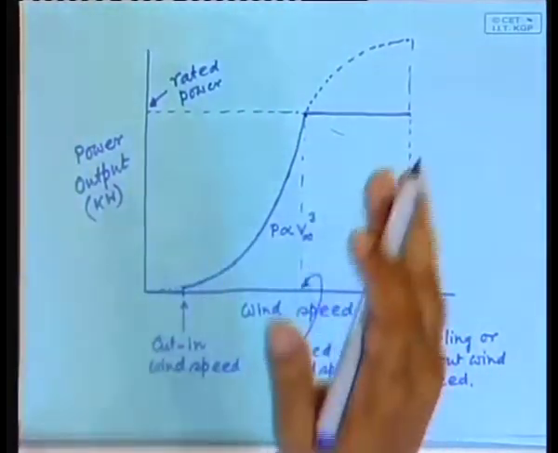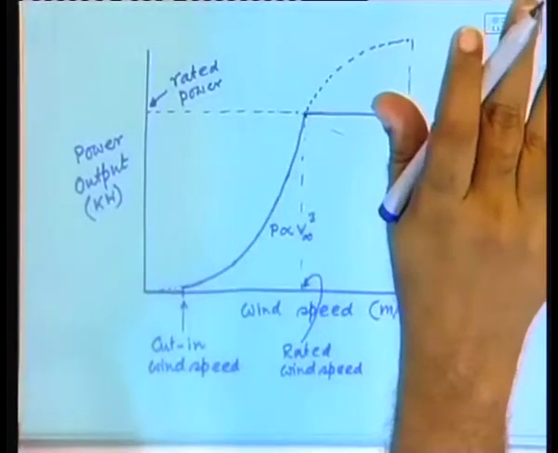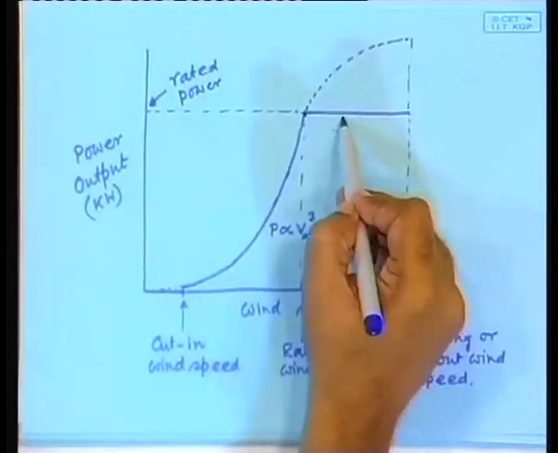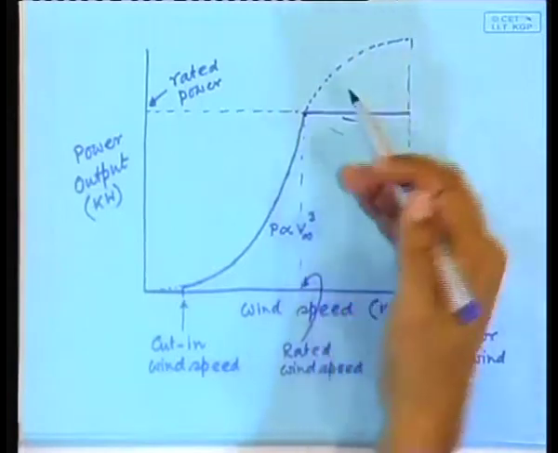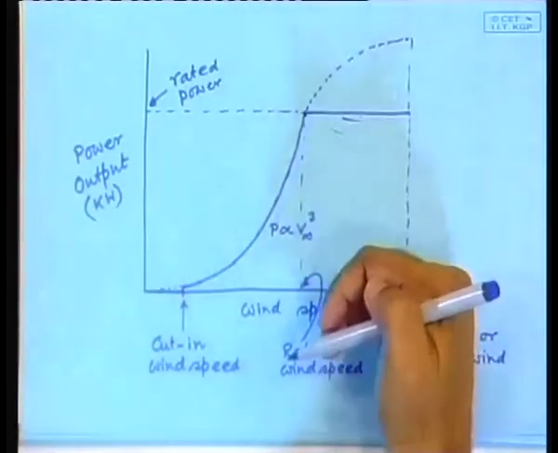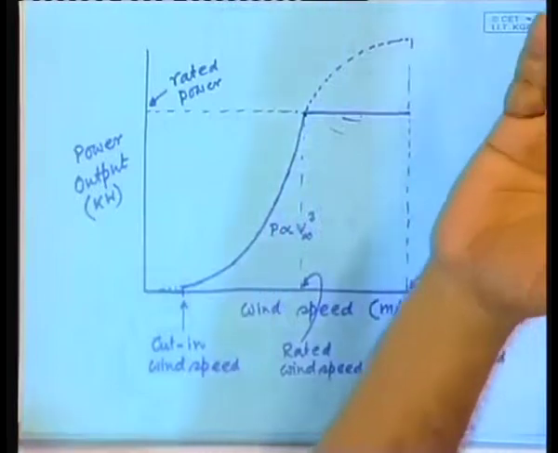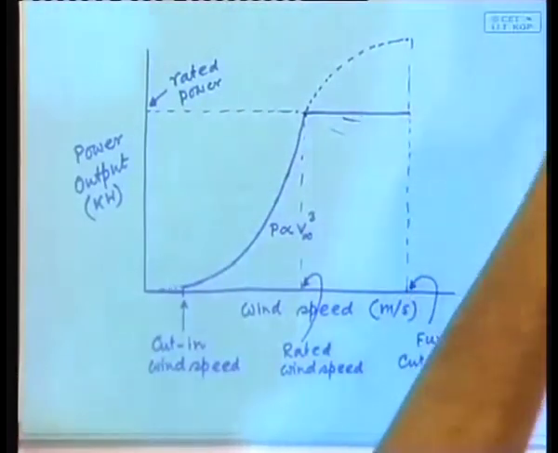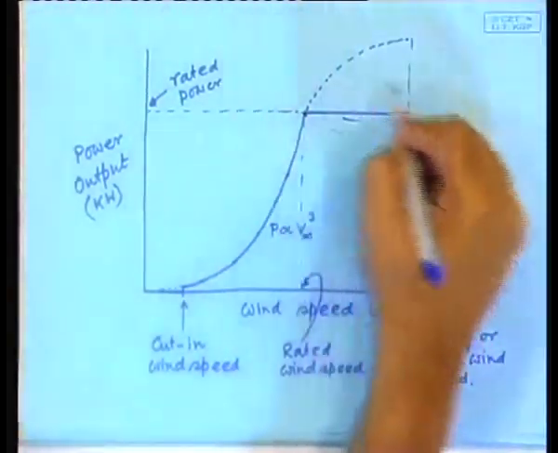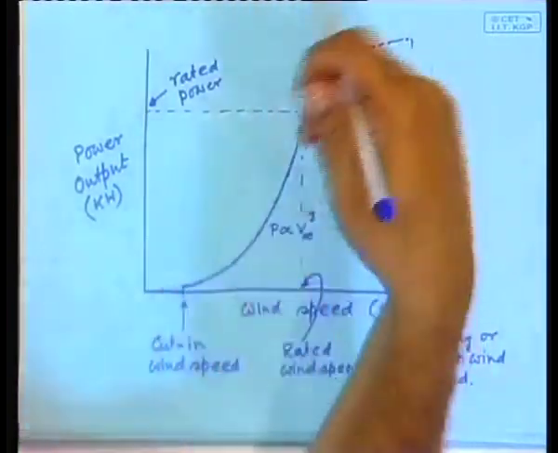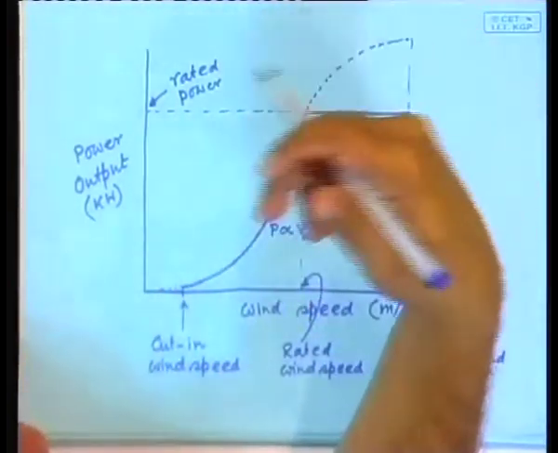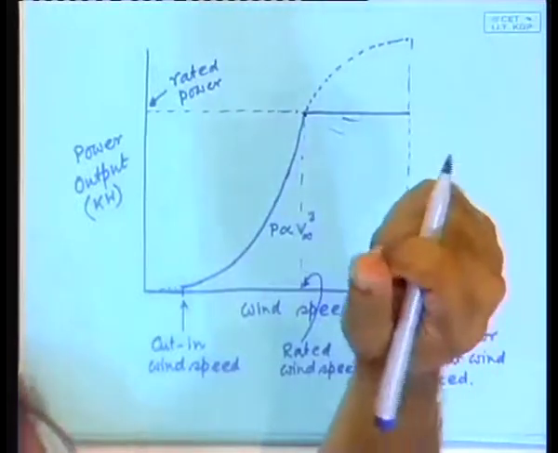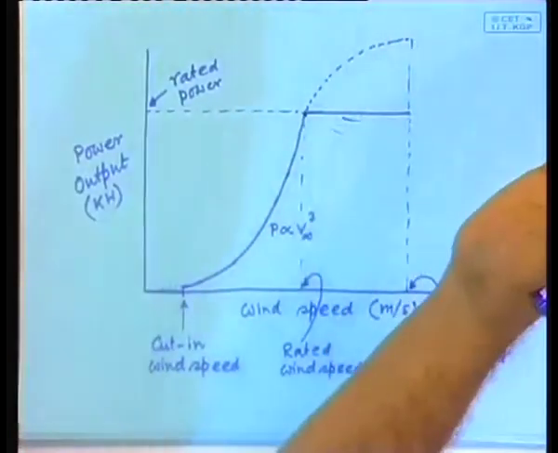If you change the pitch angle very badly, it will dip. The moment it goes below the rated power, you know that you have changed it more than you should, so you can change it back. This can be built into a continuously operating logic in the control mechanism, so that you change the pitch angle in the wrong way.